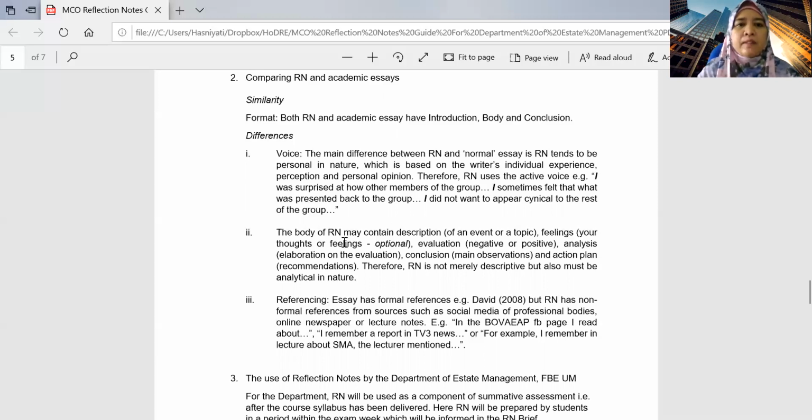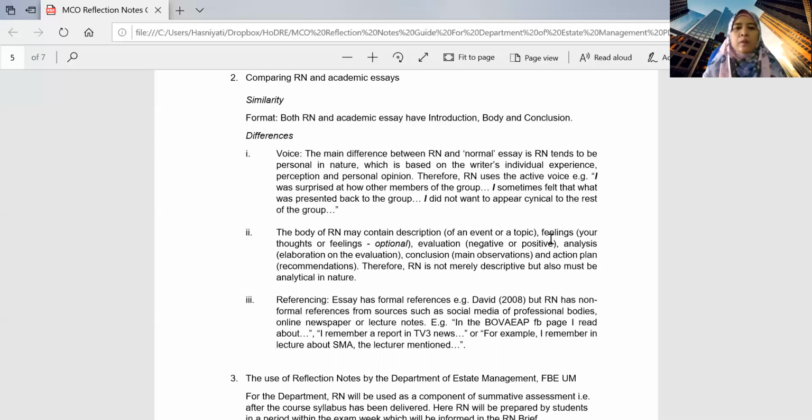The second difference is that the body of reflection notes may contain description of whatever is being asked, whether it is an event or a topic. It may also contain, besides description, your thoughts or feelings. I feel that I was surprised to learn that so and so.